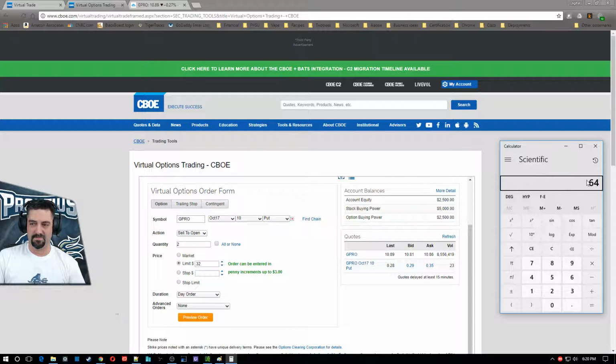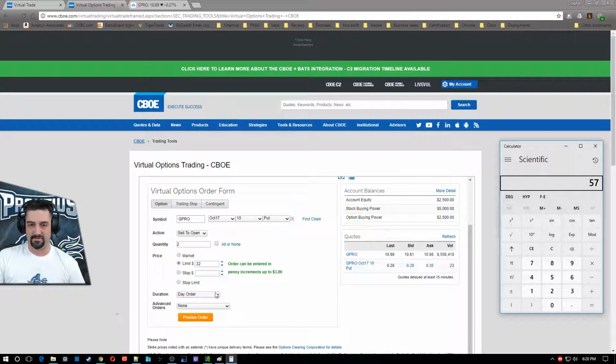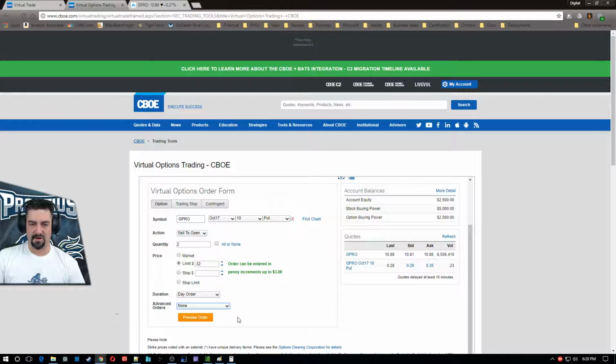In this case, you'd probably be looking at, say, $7. So we minus the 7 out of there, you'd be looking at $57 that you would get paid up front for this option. And it goes into your account as soon as the order is filled. You would collect this money up front.